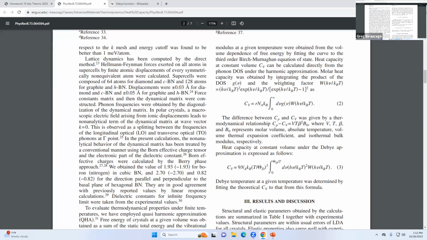But why that weighting factor? I think it's just backwards. Like he had this answer and he worked backwards and then figured out that it was the density of states times that. So that thing must be a weighting factor. That's my impression. Because the actual weighting factor is Bose-Einstein, this exponential minus 1 term, 1 over that.